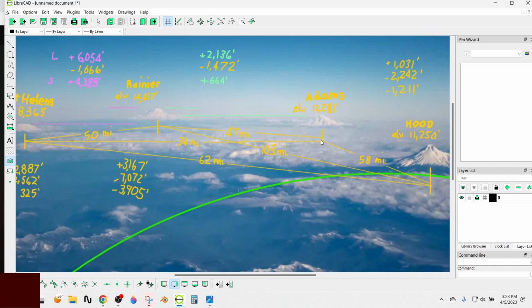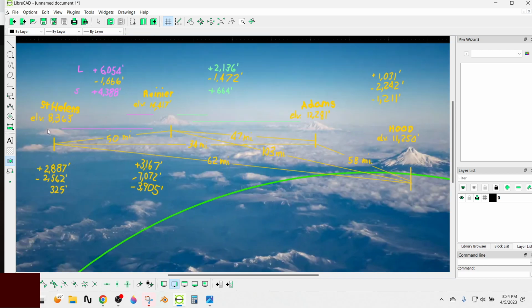We have Mount Adams to Mount Hood, Adams to Rainier, Adams to St. Helens. We have Mount Rainier to Adams, to St. Helens, and to Hood. We have Mount St. Helens to Rainier, to Adams, and to Hood.